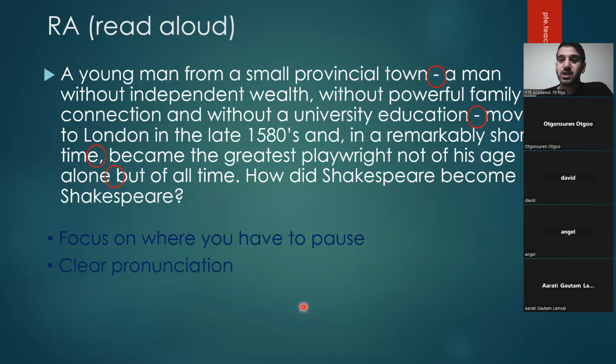Clear pronunciation, as I told you: the S's, EDs, INGs, and the years, 1580s. Numbers like 15 and 50, 16 and 60 are really close to each other, right? So pronounce it clearly, 1580s. And as you can see, the last part is a question. How did Shakespeare become Shakespeare? So read it as a question.